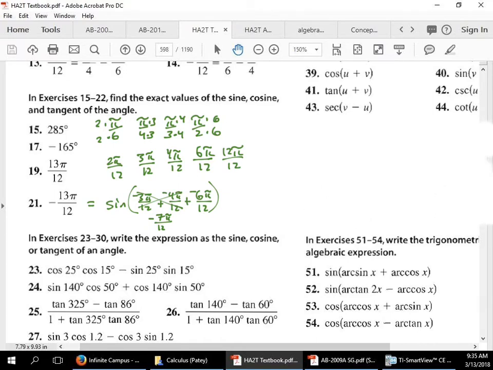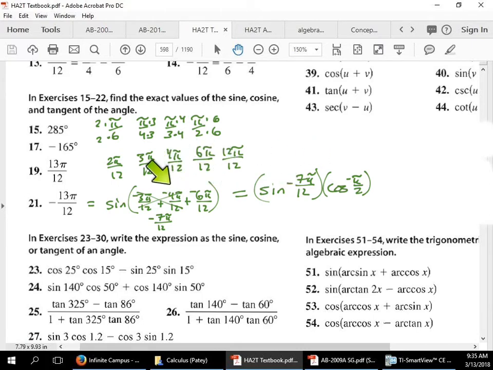Okay, so this is what you got. We know what this is, so I'm not going to write that anymore. I'm just going to write negative pi over 2. So it's going to look like this. We have sine of negative 7 pi over 12 times cosine of pi over 2, or negative, because that is negative.